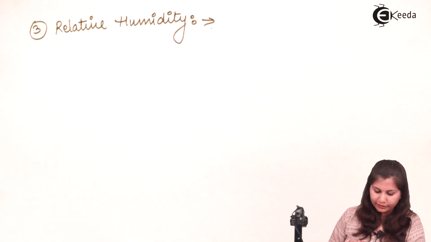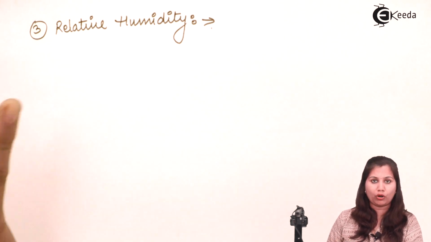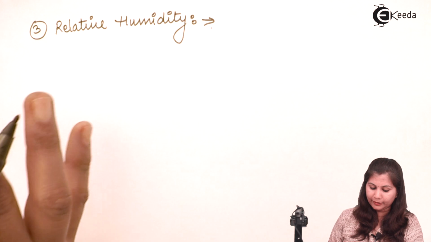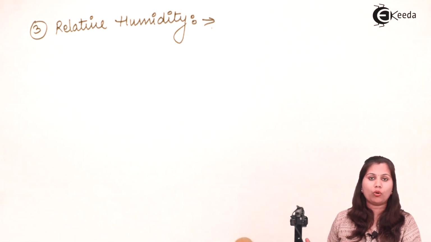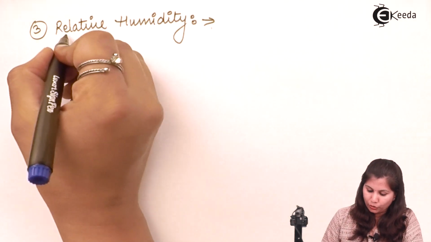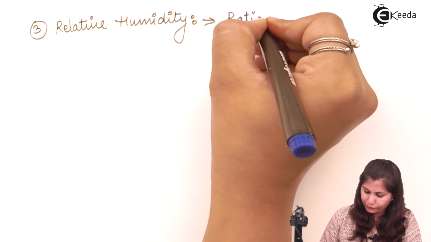Okay, so relative humidity is again the ratio of the actual water vapor present at some specific temperature, and the mass of the water vapor present at a given temperature when this air is saturated.